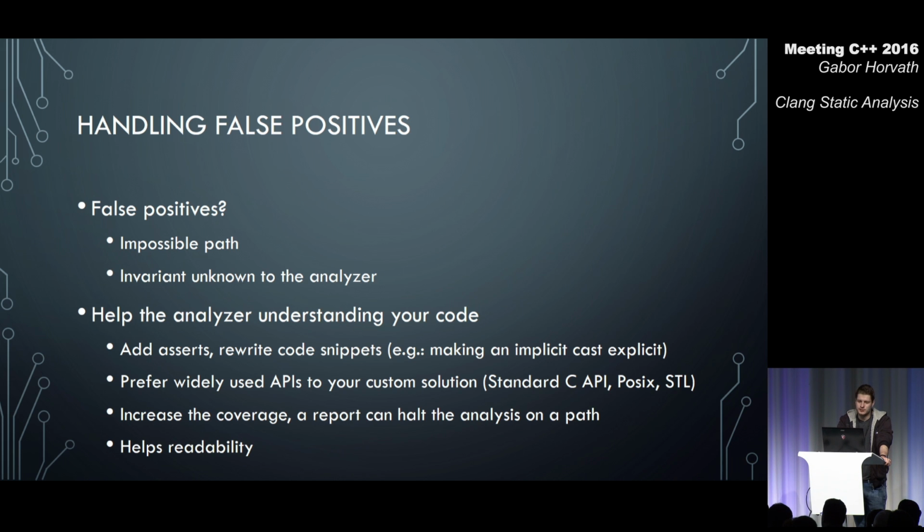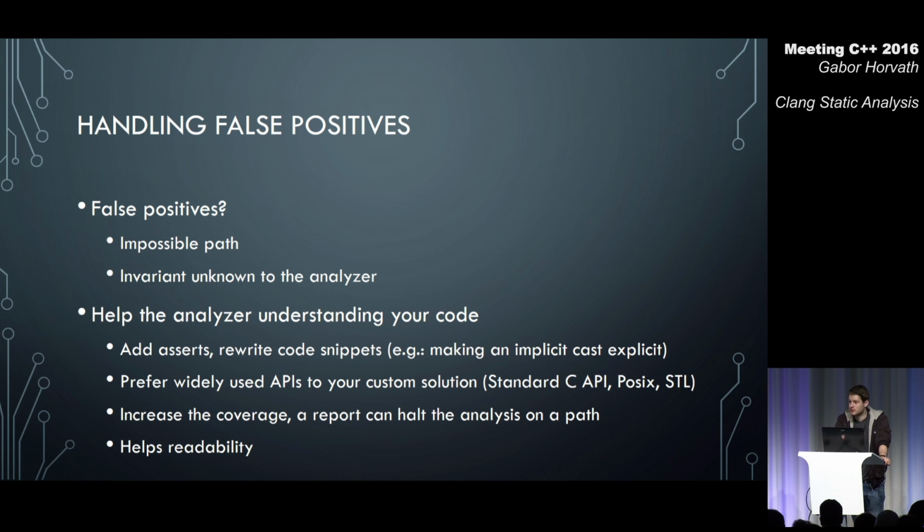One of the possibilities is that the analyzer couldn't prove that an execution path is impassable, and each report that is found on an impassable path is a false positive. Or there is some information about our code that is unknown to the analyzer. It couldn't infer that from the code.